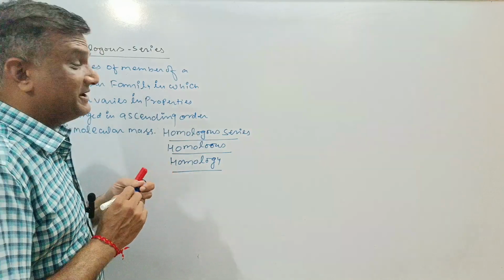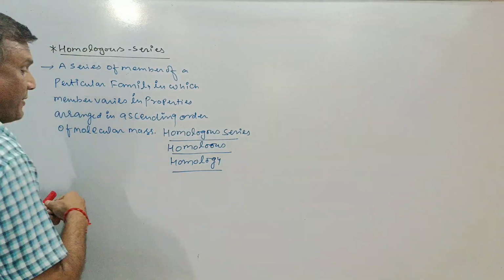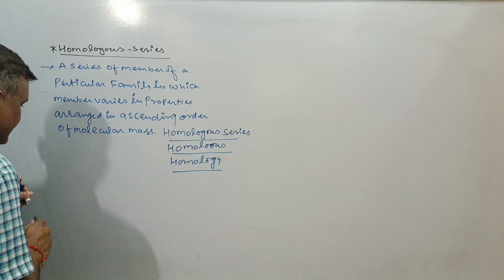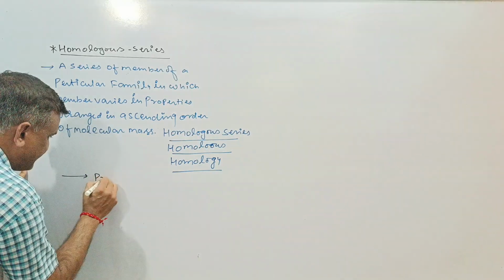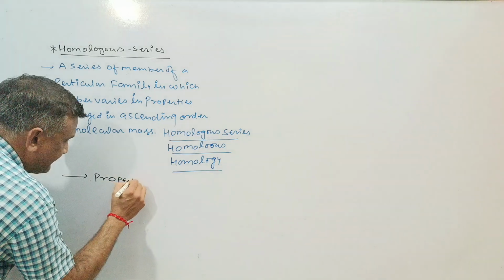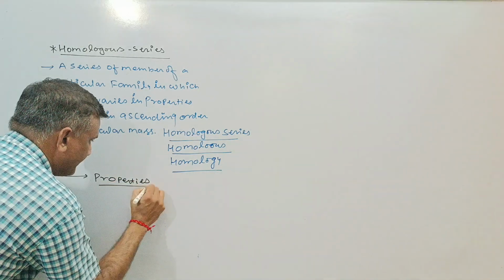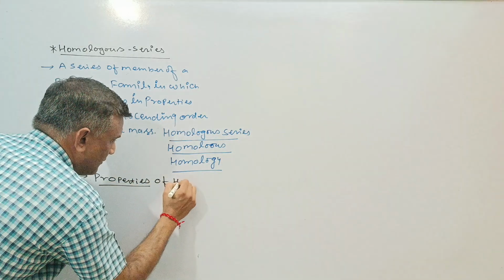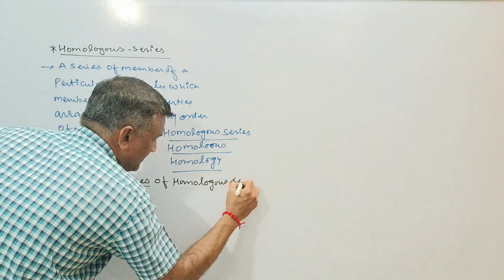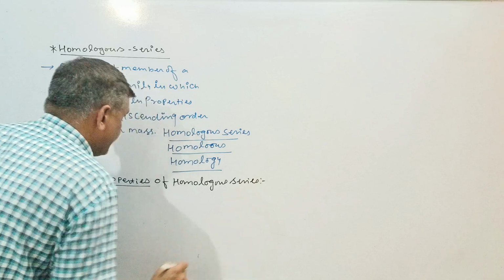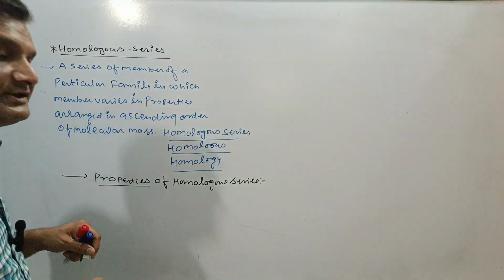If we go with the properties of homologous series, this is very important, because this is not a common topic. So here we'll take just the properties of homologous series.